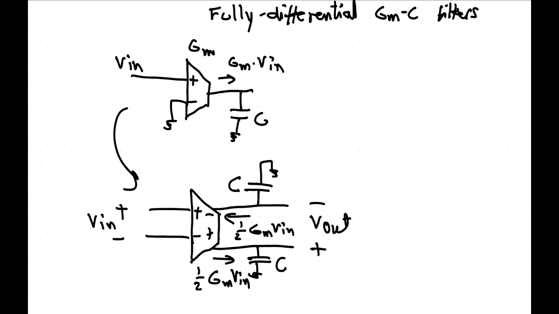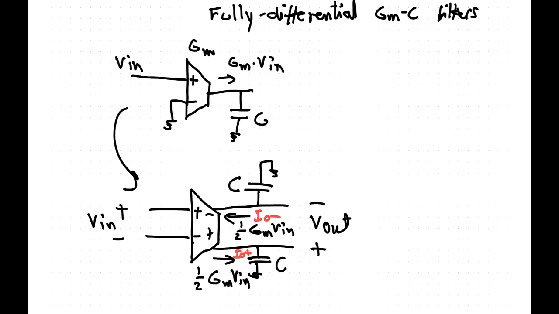Now, if you look at the difference between these two currents, that is going to be that current minus that current, so it's going to be twice as big. So the differential transconductance here has to be the same as the transconductance up here. Let's call this one Io minus, and this one here Io plus.